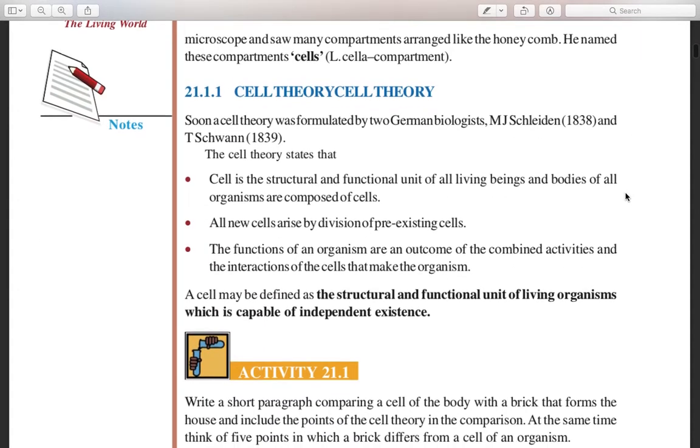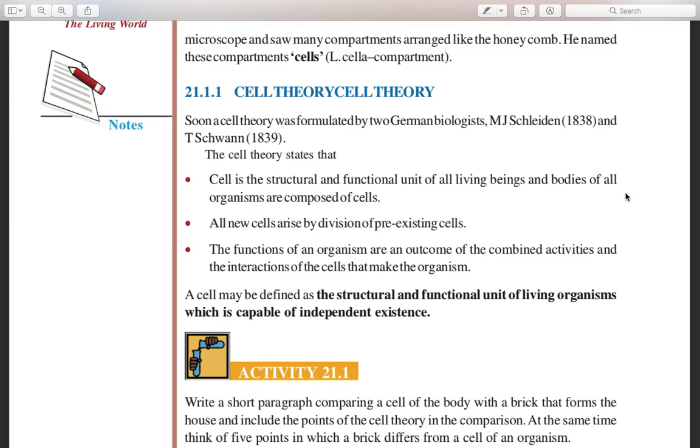Cell theory. So what is cell theory? Later, cell theory was formulated by two German biologists, M.J. Schleiden and T. Schwann. Their cell theory states that the first point is that the cell is the structural and functional unit of all living beings, whether single cellular or multicellular.